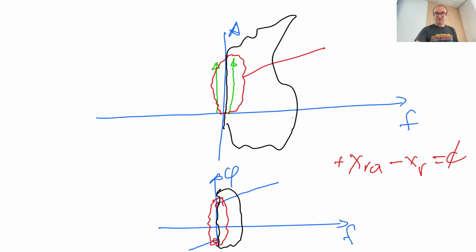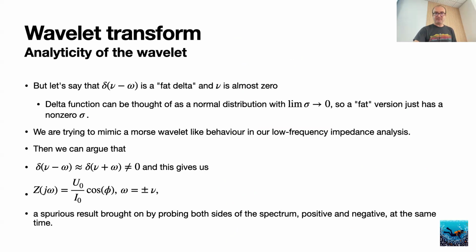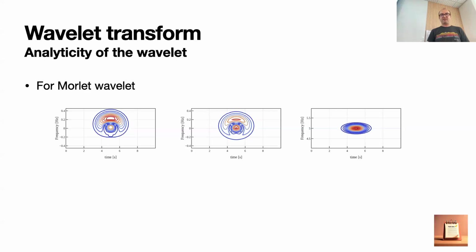So I will jump a little bit further. This is the Morlet wavelet. This is the Morlet wavelet when the frequency is 5 hertz. It's quite nice. Negative frequencies are down here. Everything is where it should be.